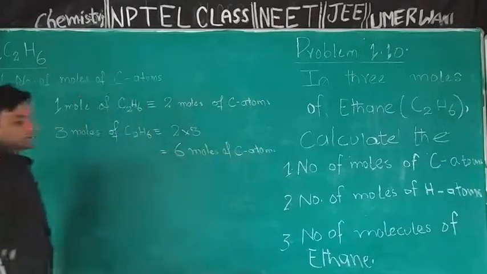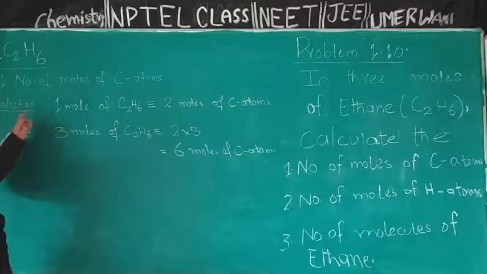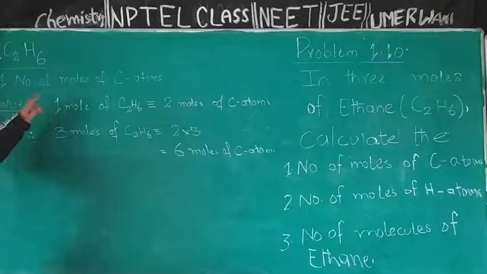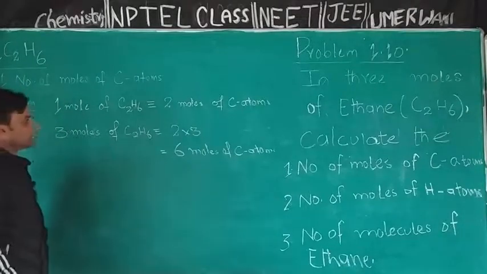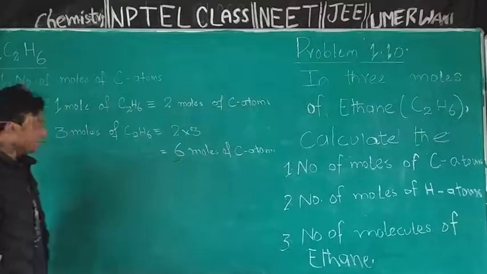This is answer of first part, that number of moles of carbon atoms in 3 moles of ethane are 6.